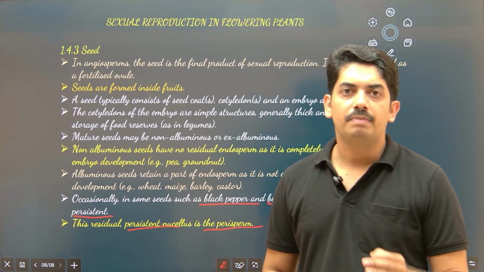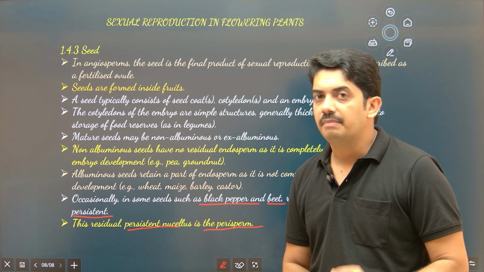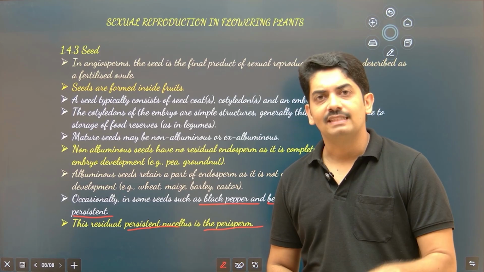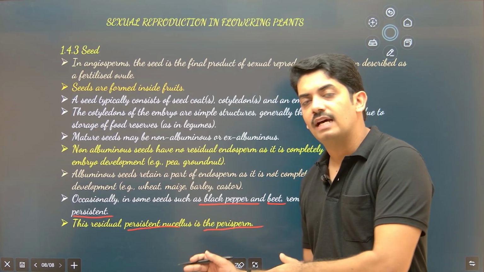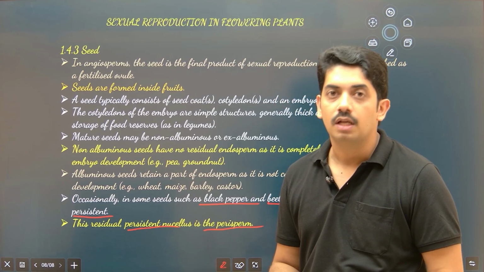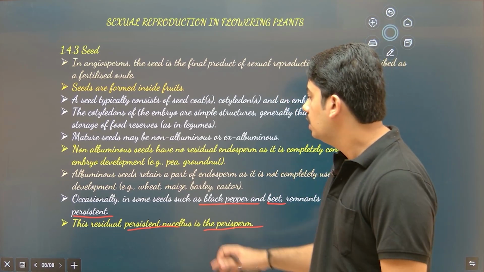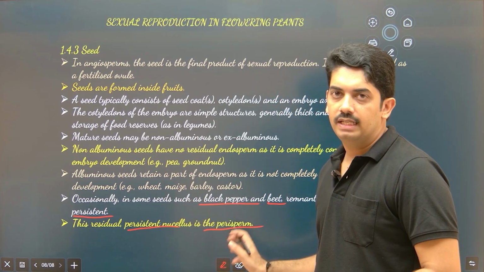Most of the time in competitive exams, they focus on this type of terminology. What is the meaning of perisperm? Persistent nucellus. Persistent means what? Actually, after fertilization, nucellar cells should undergo degeneration. But even after fertilization, in the seeds, you observe nucellar cells, and such persistent nucellus is called perisperm.